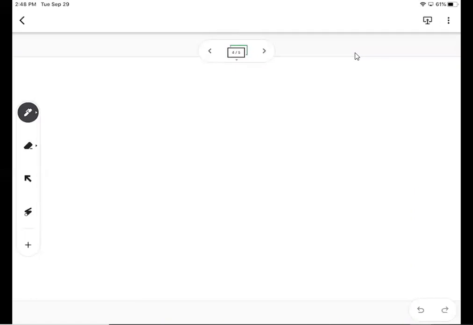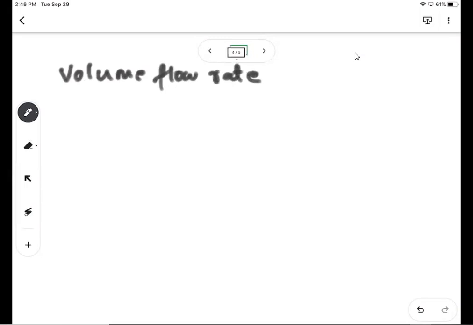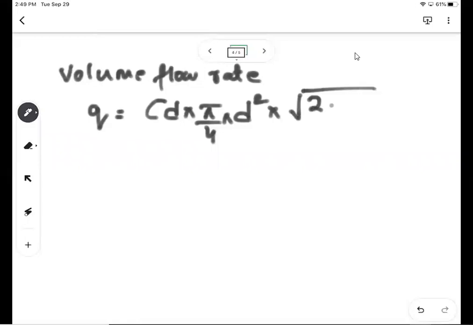Since we have the orifice meter, we can find out the volume flow rate, which is determined from a simple formula: Q equals CD pi by 4 d square, which is the area, into under root of 2gH, where H is the difference in height in the manometer, times rho W, the density of water, upon rho A, the density of air.